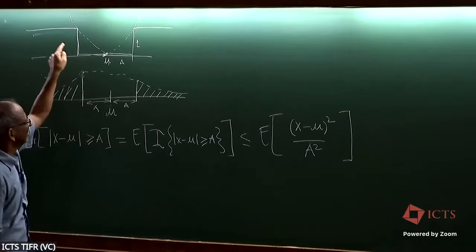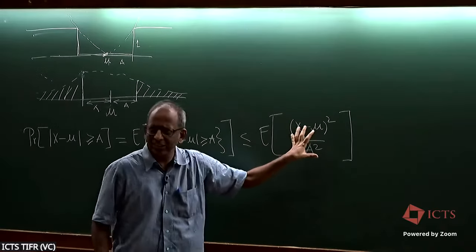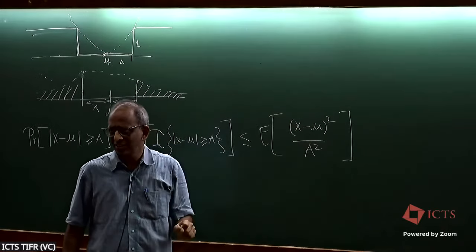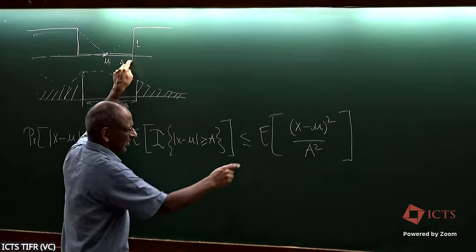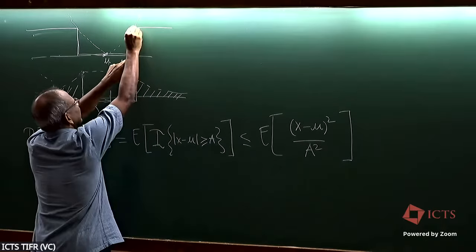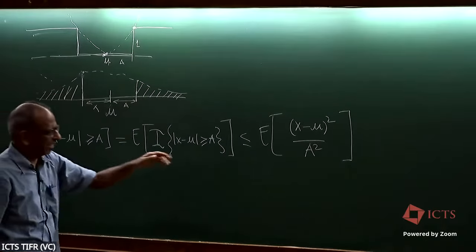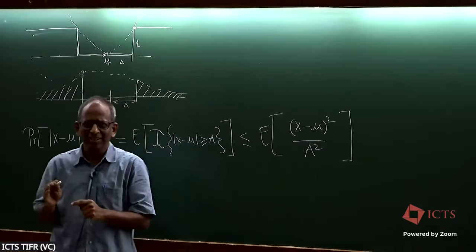So look at this function. At mu, what value does this function take? 0. At mu plus a, 1. So it does pass through this point. Yes. And at mu minus a, also 1. Is everybody okay?